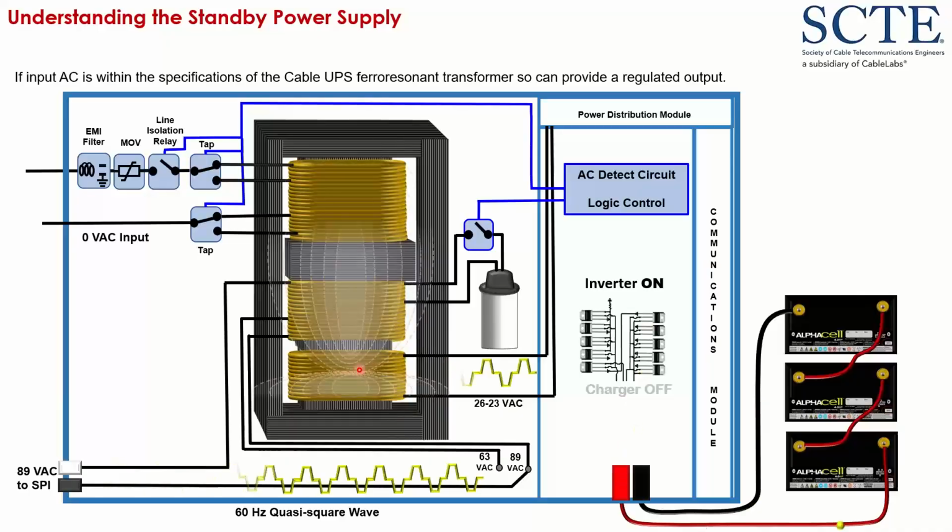So we'll go into this smaller winding and use it to produce a magnetic field to induce a voltage into the secondary winding that will step the voltage up from 26 volts, for example, up to 89 volts. The magnetic field does flow to the winding on the top, but because we opened up the line isolation relay, energy does not flow back out of the power supply.